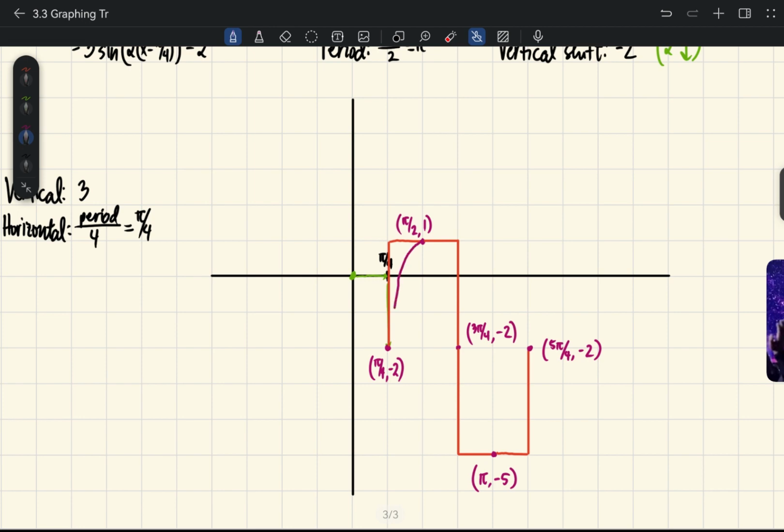So we draw the curve right here. Curve. Then we have a curve here. Curve here. Okay, that doesn't look too good. I'll do it one more time. Curve. And curve.